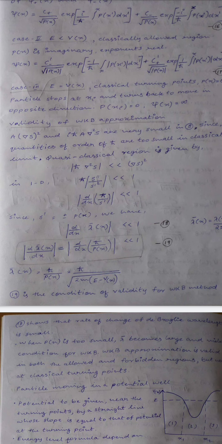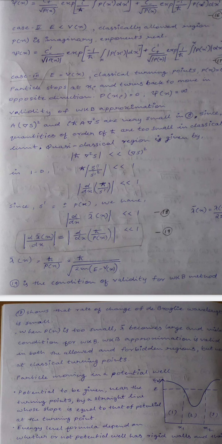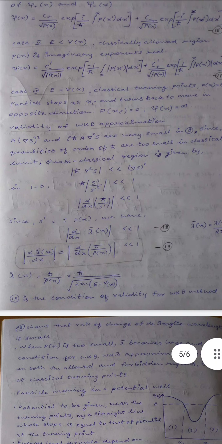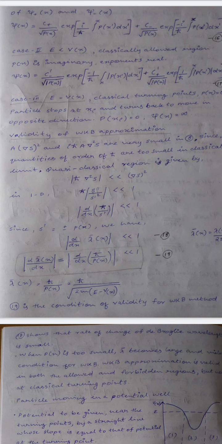In the classical limit, the term containing h cut, that is i h cut del squared S of r, must be very small compared to the term that does not have it, that is del S squared. Therefore, modulus h cut del squared S is very much less than del S squared.